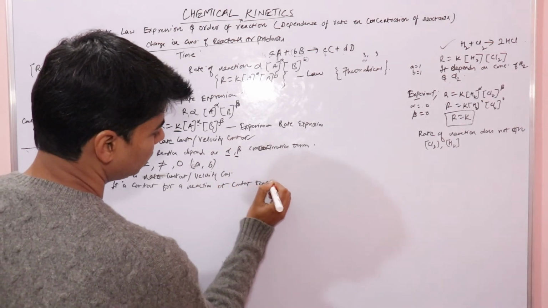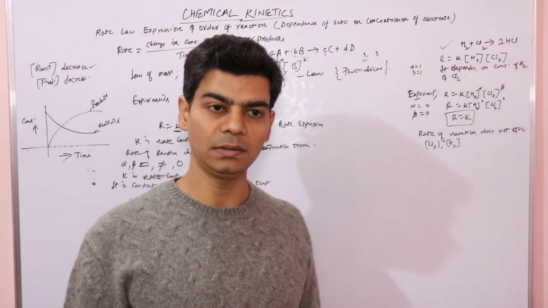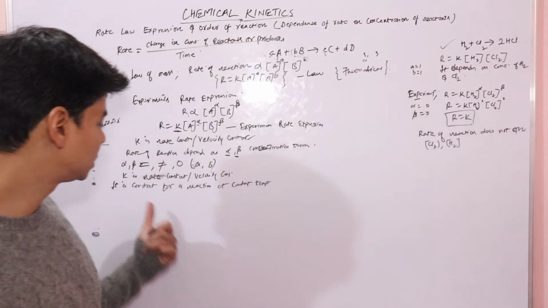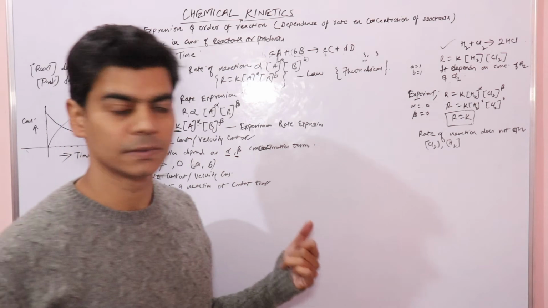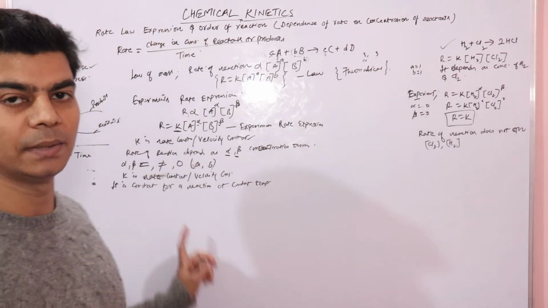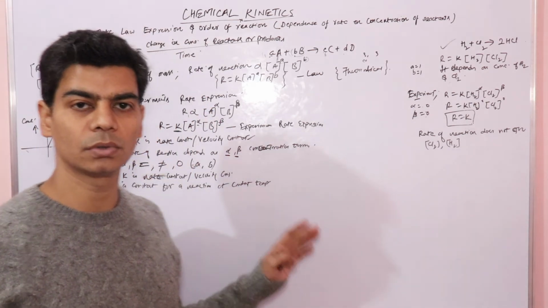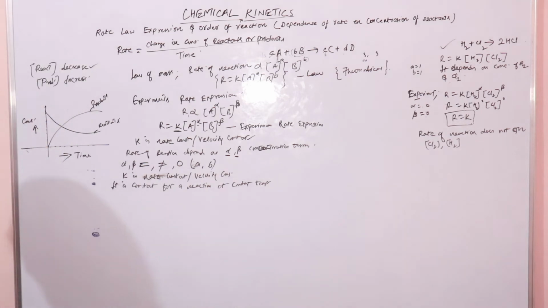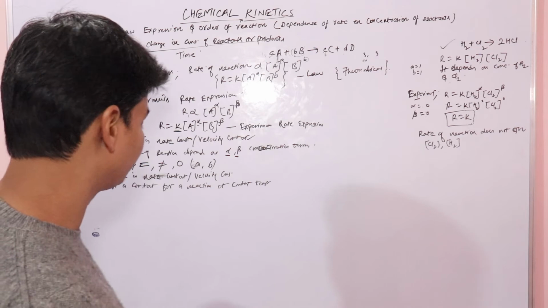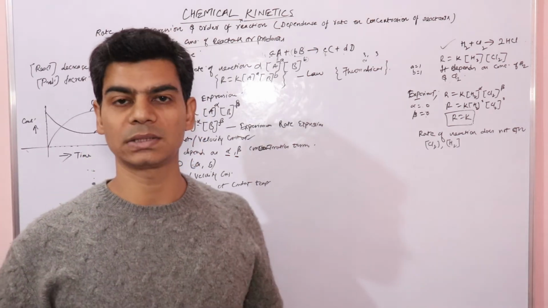That means if you change the temperature of the reaction, the value of rate constant or velocity constant will change. That means it depends upon temperature, and it does not depend on the concentration of reactants. It does not depend on concentration, it depends on temperature. And it tells us how fast the reaction is.